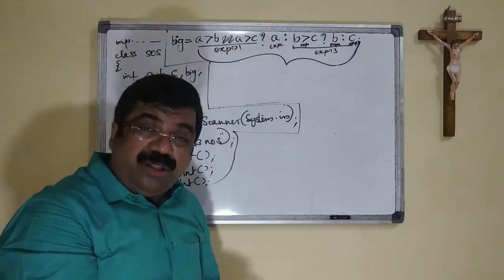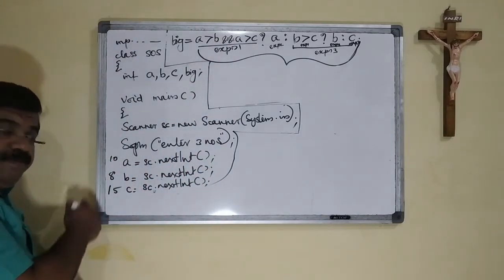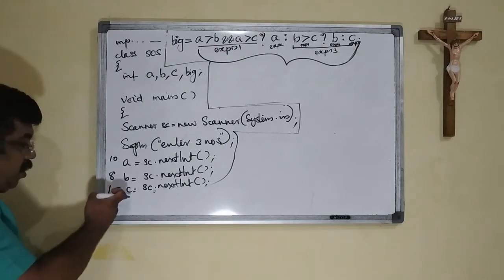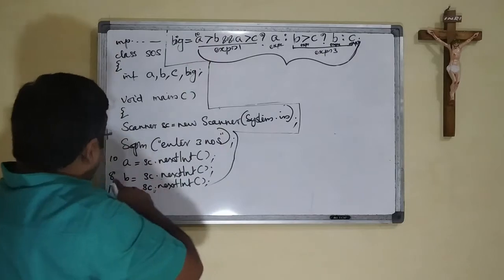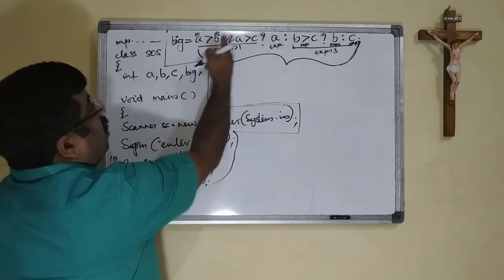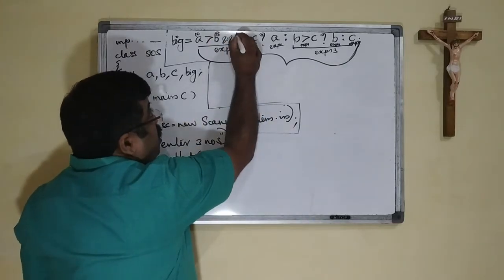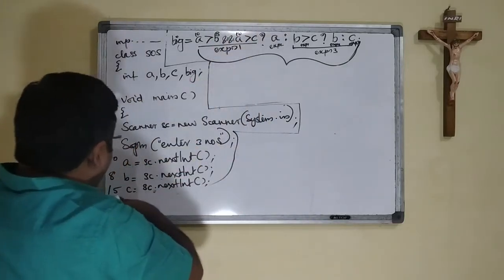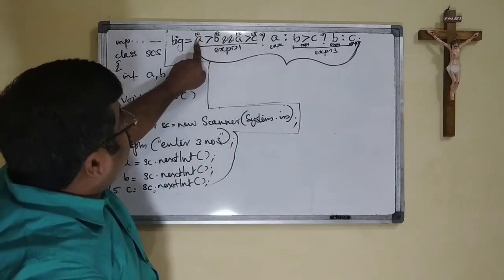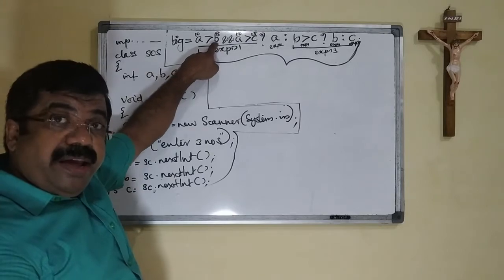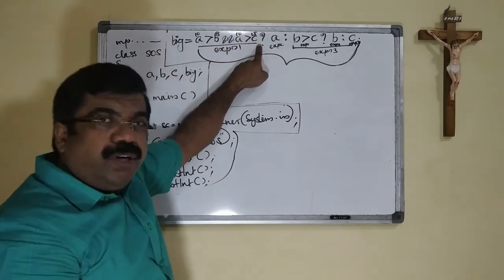Now let us see it with the help of some values. A is 10, B is 8, C is 15. A 10 greater than 8 condition is true. At the same time it will check whether 10 is greater than 15, condition is false. 10 is greater than 8 true, but 10 greater than 15 is false.